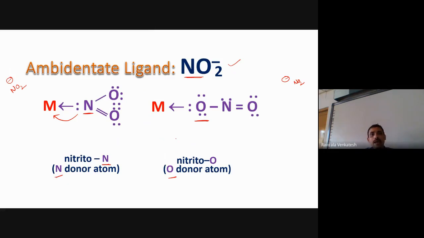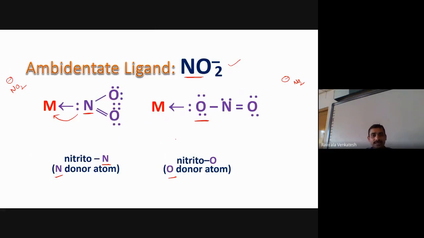This type of ligand is called an ambidentate ligand. The ligands which donate in either direction are called ambidentate ligands. Take the example NO2 minus, in which these two structures donate in different manners, but have the same molecular formula.